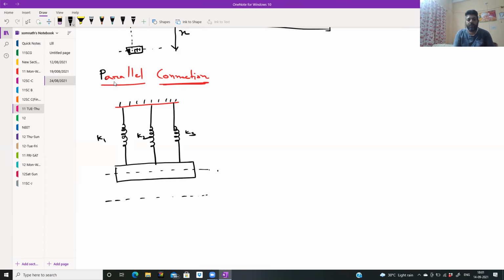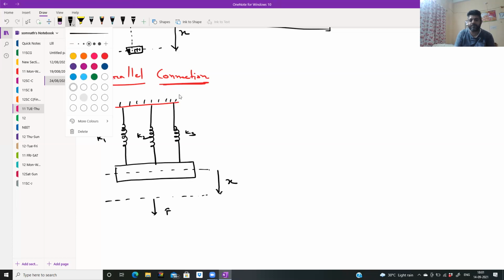So if this is the total elongation, and if this is my external force, so first of all, in parallel connection, what happened? This external force is the force by the first one, the force by the second one, the force by the third one. Yes or no?